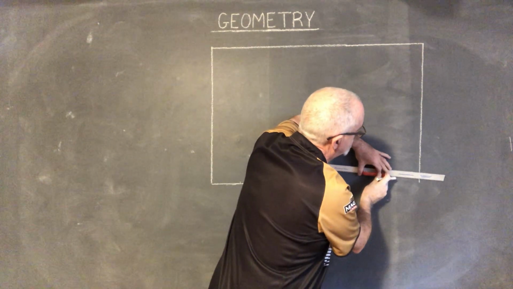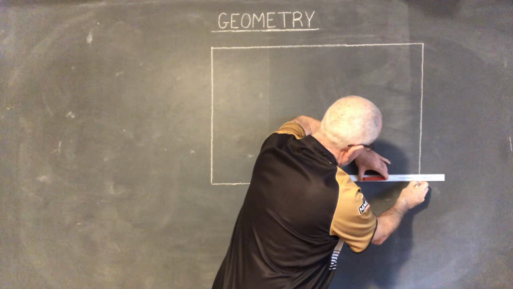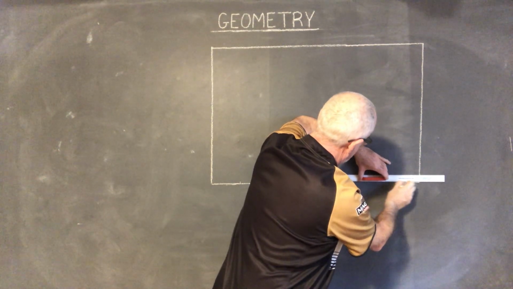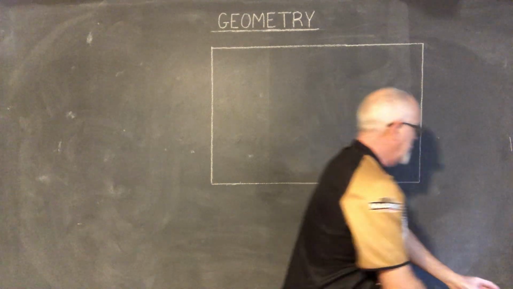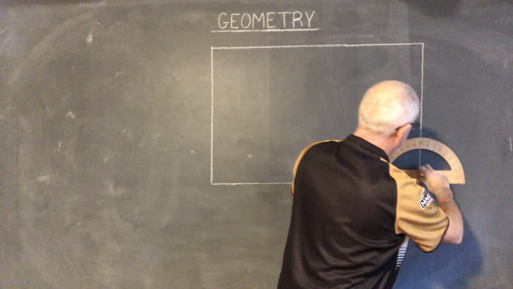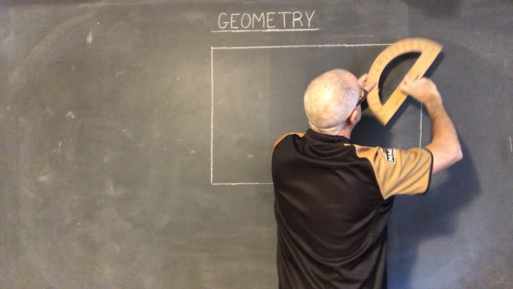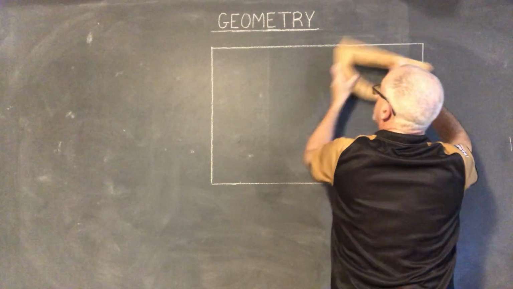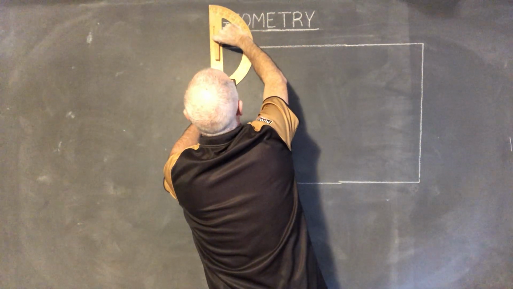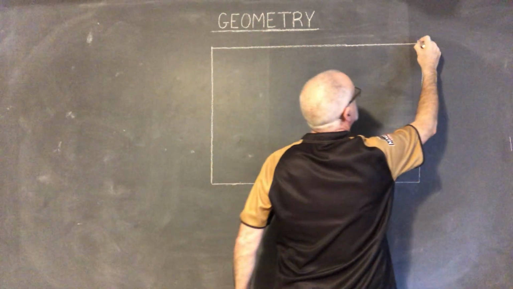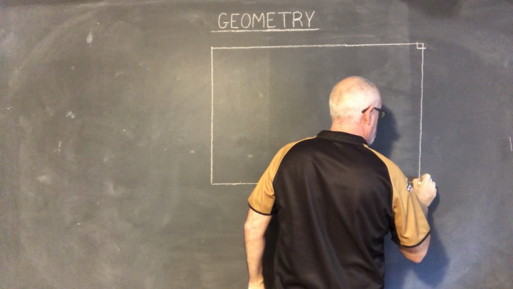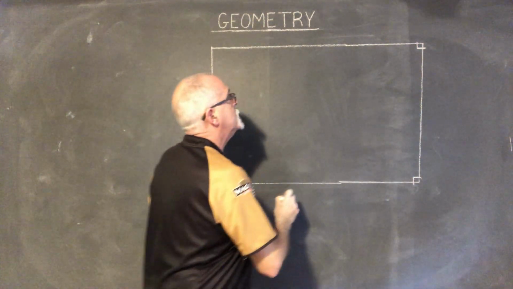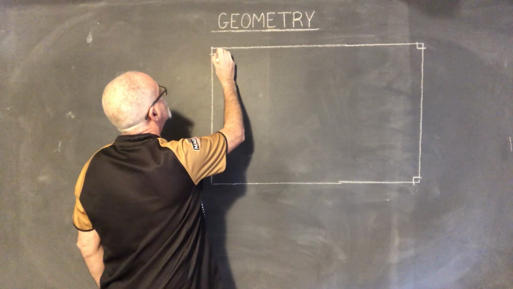Now, to connect these two, will I actually have another right angle? I certainly hope so. Just quickly check my right angles. Yeah, that's good. Yes, that's good. Yes, that's good. Okay, so I'm going to put the little right angle symbols on all of the corners so that people can see that it is a rectangle.